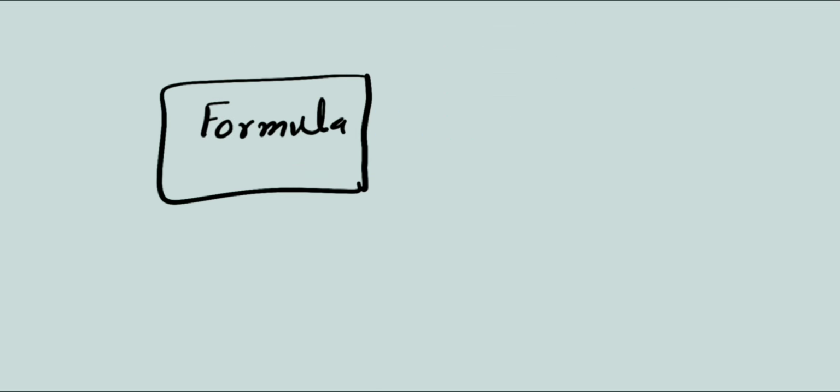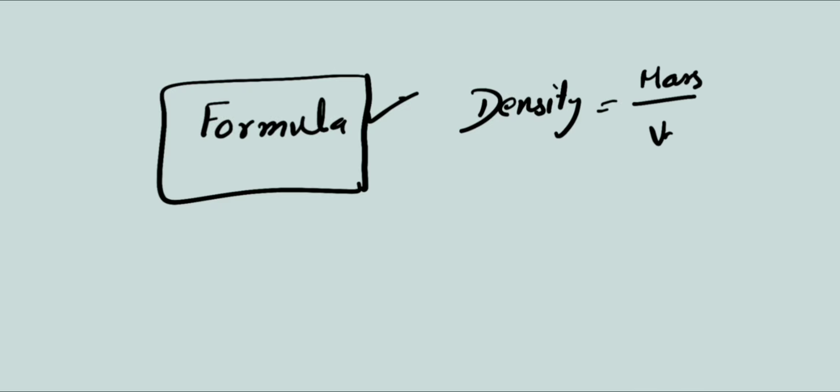In order to find the dimensional formula for a particular physical quantity, you need to remember the formula of that physical quantity. For example, suppose we have to find the dimensional formula for the density. You should know the formula of the density: density is equal to mass divided by volume.